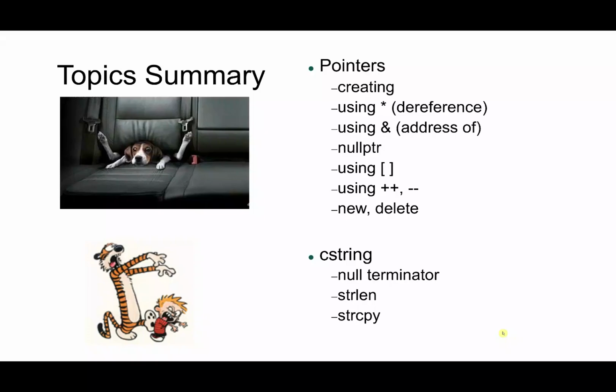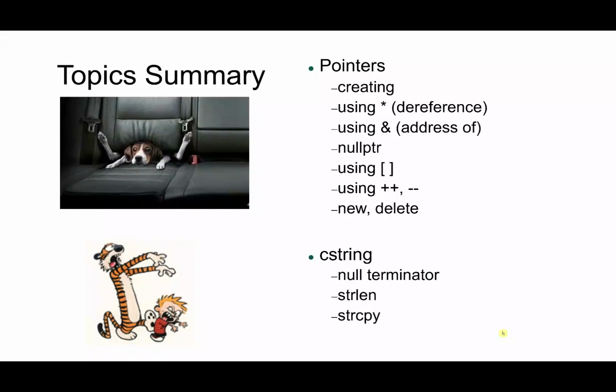So with pointers, we have seen how to create pointers, how to use them, how to use the dereferencing, the ampersand, the address of. We used null pointers. We used the indexing, square brackets.